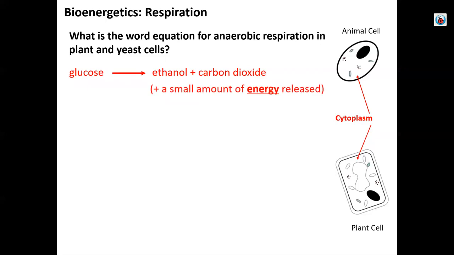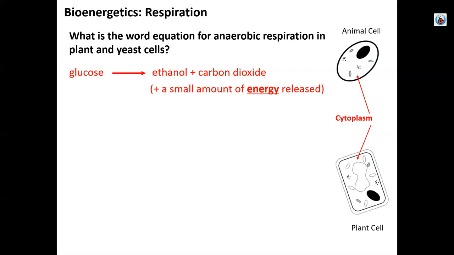So that is the second anaerobic respiration word equation you need to know. So you've got the word equation for anaerobic respiration in animals, and now you've got the word equation for anaerobic respiration in some plants and in yeast cells.